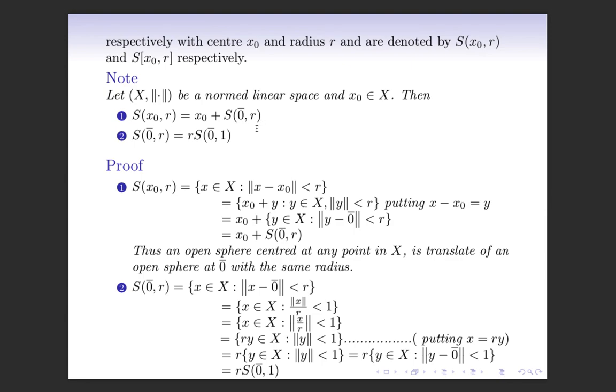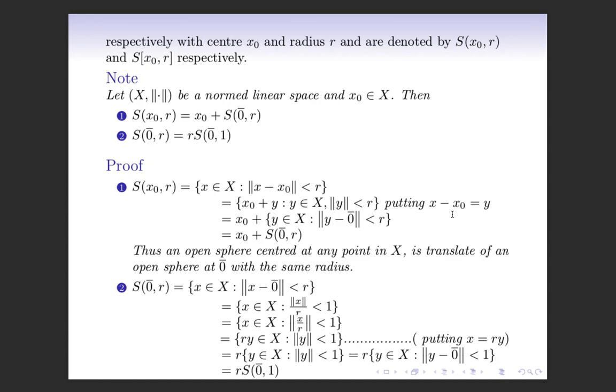Let us prove this first result. S of x naught comma r is by definition set of all those x for which norm of x minus x naught is strictly less than r. And since x and x naught are elements of capital X, x minus x naught is some element of X.